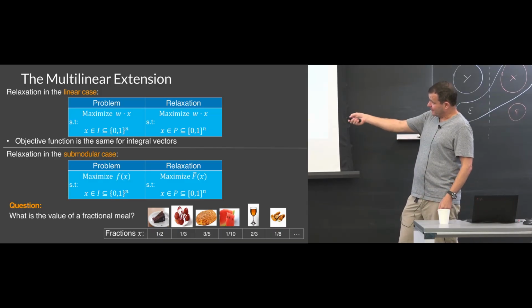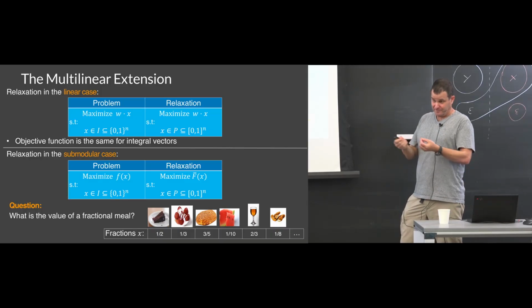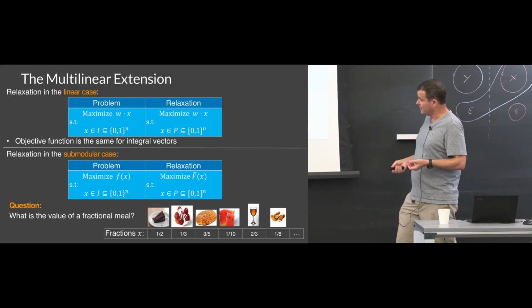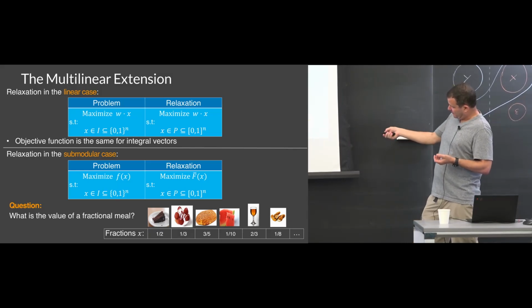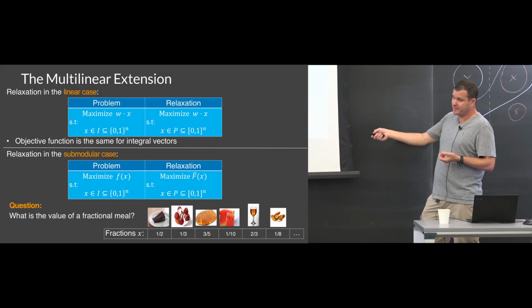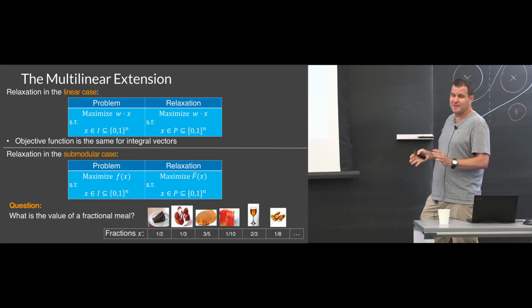How to extend the submodular function to fractional solutions? Right, you have fractions here. You took half of the chocolate cake, 1/3 of the strawberries, and so on. What is the value?